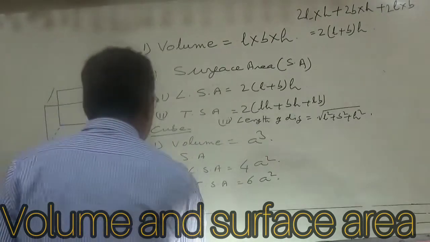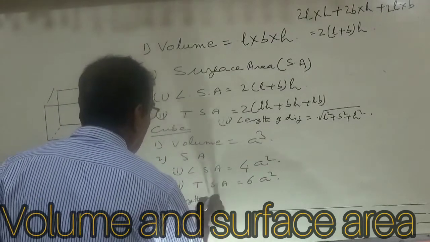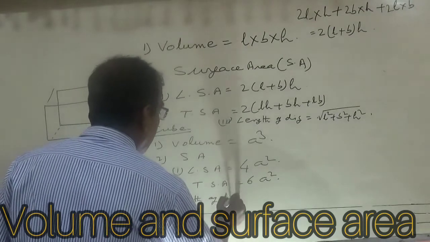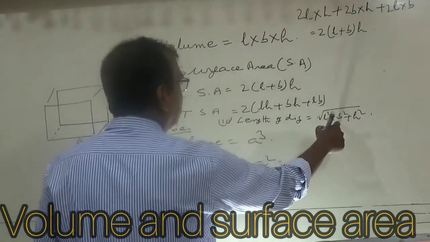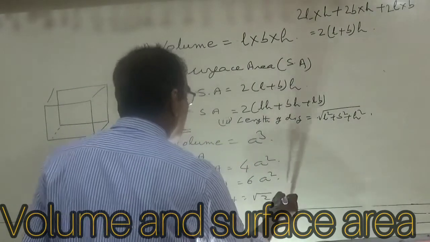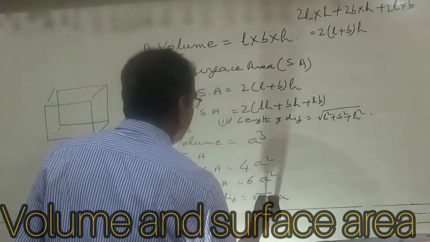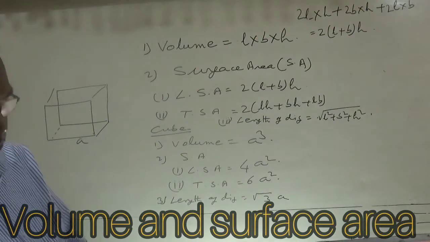Like that way, number 3, length of diagonals in case of cube is equal to under root of L square plus L square plus L square, 3L square, under root of 3L square, L is coming out, that is root 3 A. So this is length of the diagonals in both the cases.